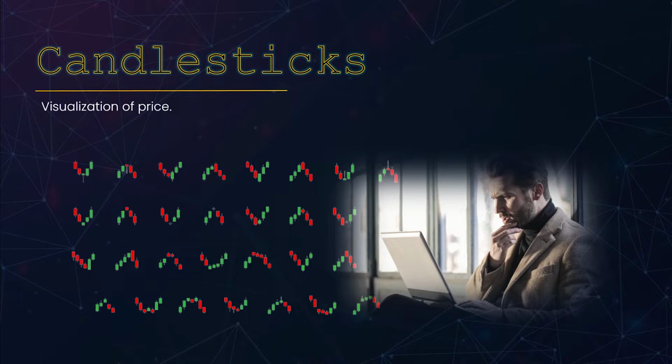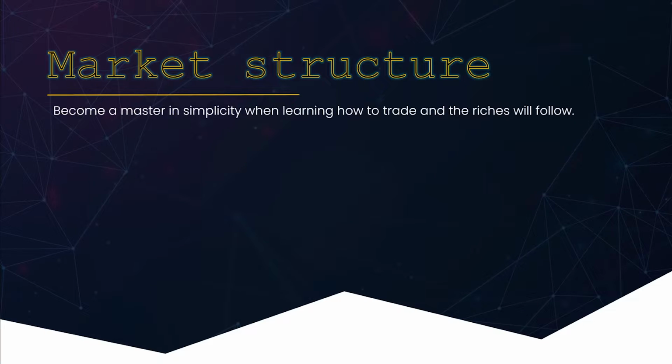So let's start with explaining market structure first. So what is market structure? Market structure, also referred to as market state, is a representation of developed price action. Over any given period of time, price action ebbs and flows, moving up, moving down, sideways, and the result of these fluctuations defines the market structure.